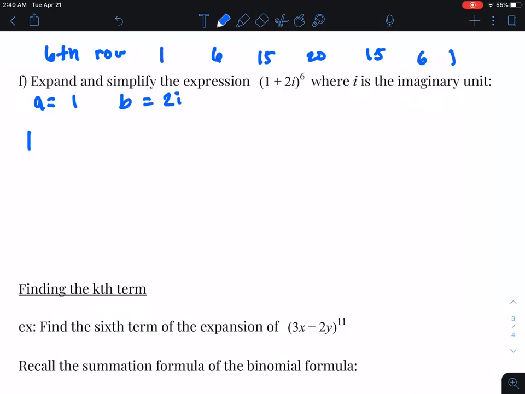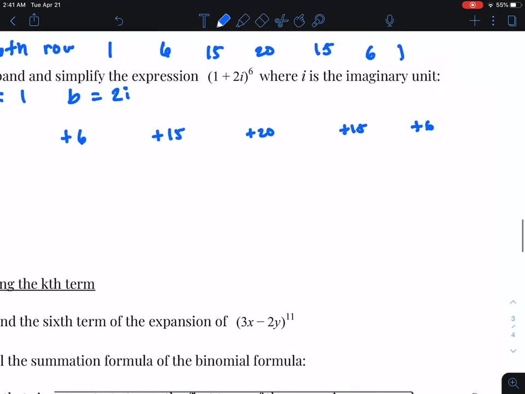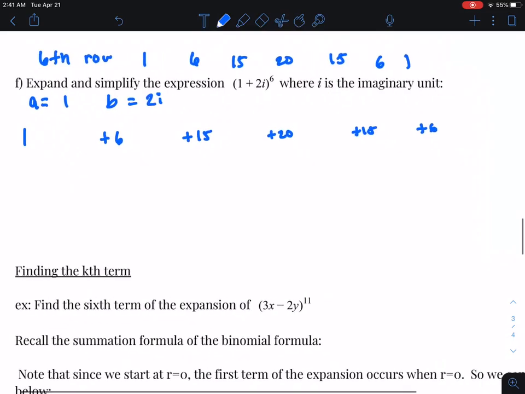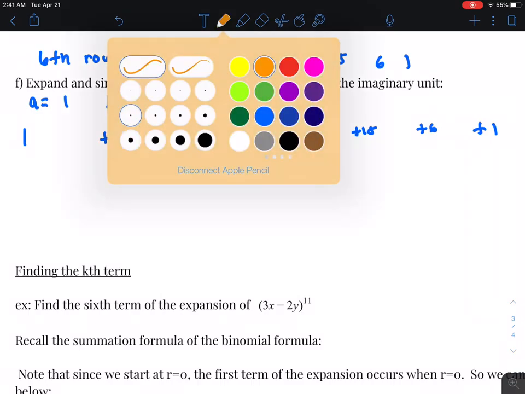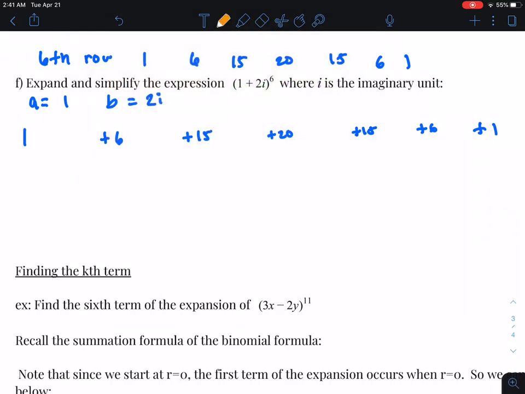We got 1 plus 6 plus 15 plus 20 plus 15 plus 6 plus 1. Here, we're using the 1.